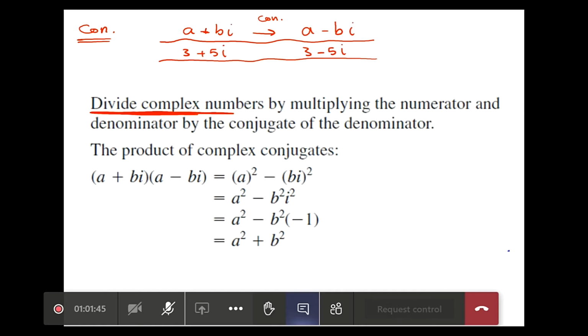Another example, 4 minus 7i, the conjugate is 4 plus 7i. Another example, minus 2i without a real part, the real part equals 0.